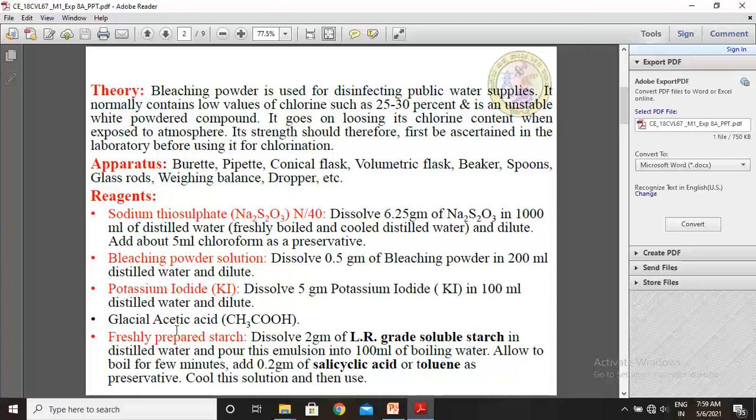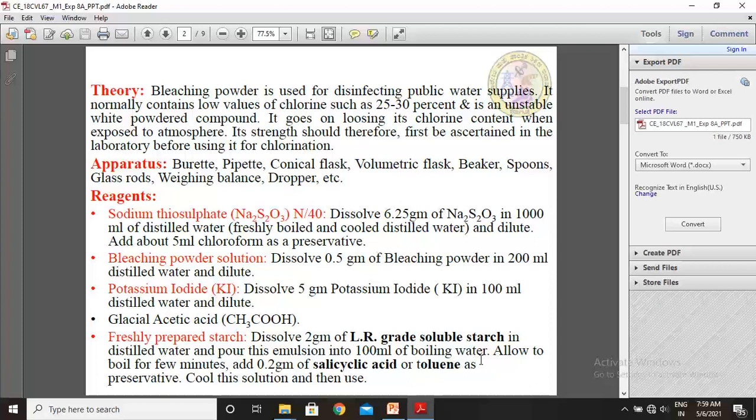Next reagent is glacial acetic acid. Next reagent, freshly prepared starch is required. So how to prepare this freshly prepared starch? Dissolve 2 gram of LR grade soluble starch in distilled water and pour this emulsion into 100 ml of boiling water.